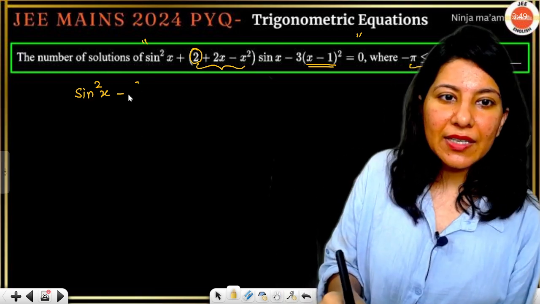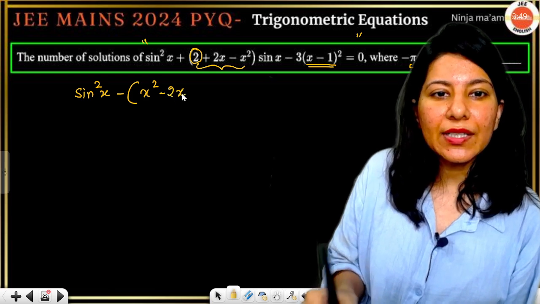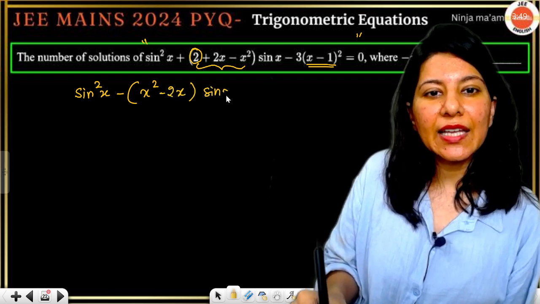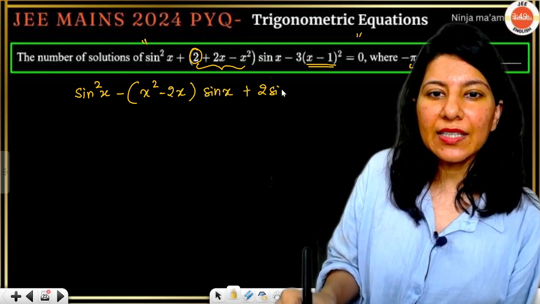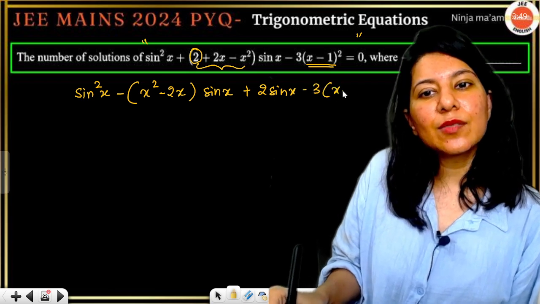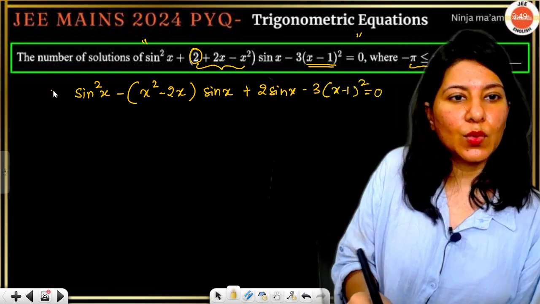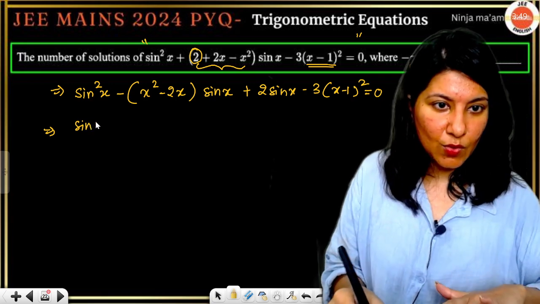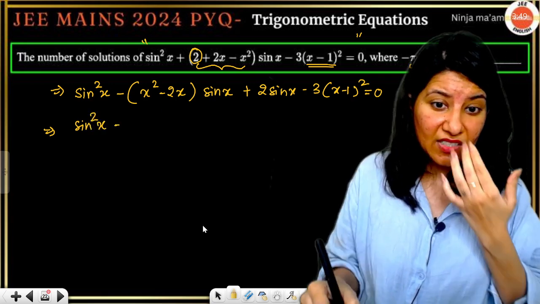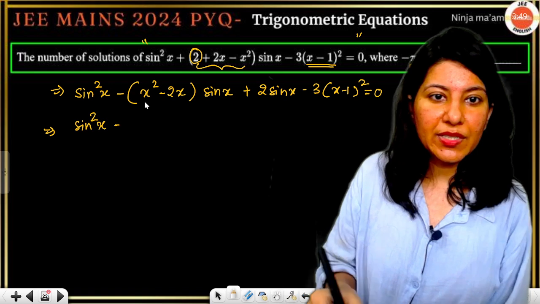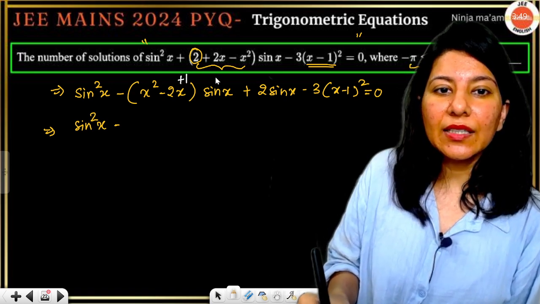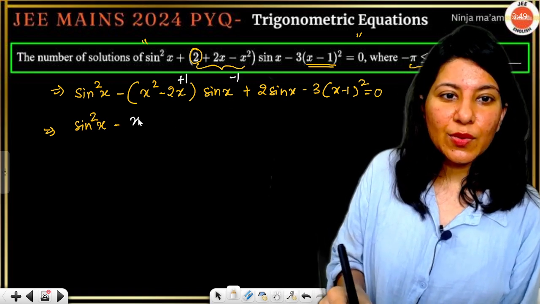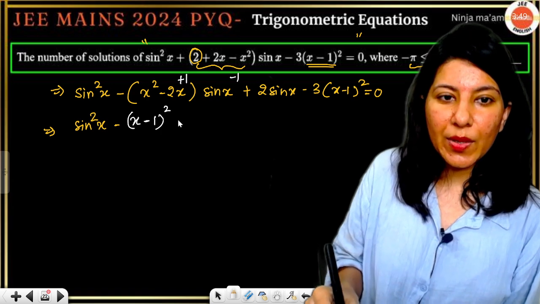So this is going to be minus sine x common, x square minus 2x, and this is going to be sine x plus 2 sine x minus 3x minus 1 whole square. Okay. All right. So sine square x minus. Now what you have to do is plus 1 and minus 1. So x minus 1 whole square.